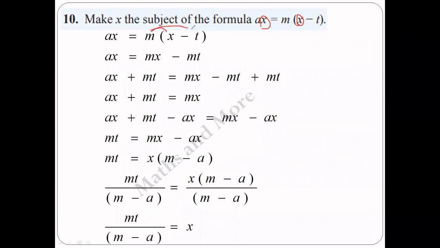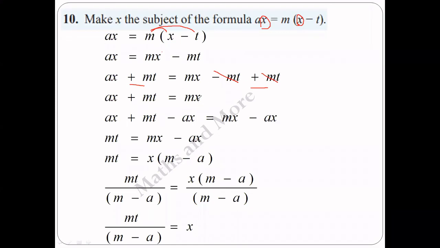Remove brackets. m into x, mx. m into t, mt, minus mt. Now, this mx and ax should be on one side. Before that, let's remove this minus mt. How to cancel out minus mt? Put plus mt on both left and right of the equation sign. Cancel out minus mt with plus mt. Then mx remains on the right hand side. A plus mt remains on the left hand side.